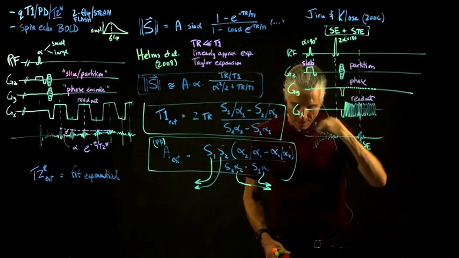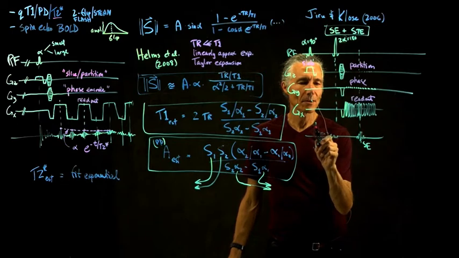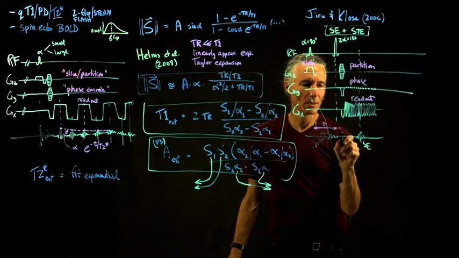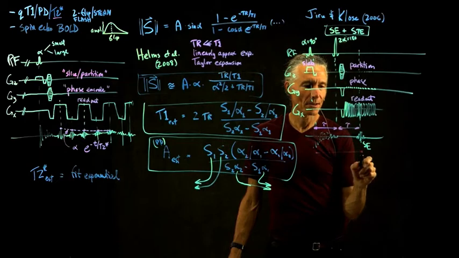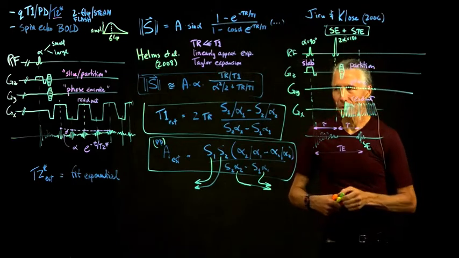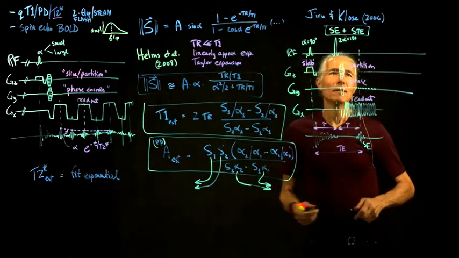So here's time tau, which is TE over 2, and here's tau again, and here's TE. So now, if we do another pulse, we'll get a stimulated echo.